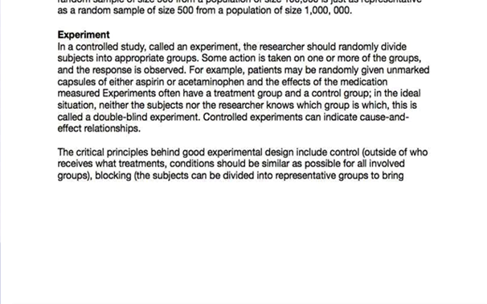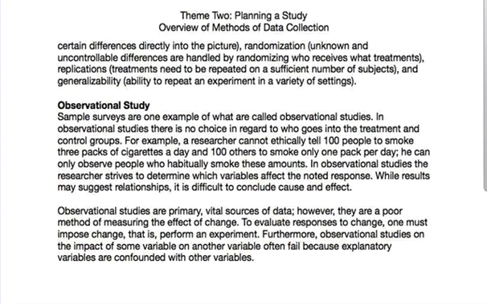The critical principles behind good experimental design include control. Outside of who receives the treatments, conditions should be as similar as possible for all involved groups. Blocking: the subjects can be divided into representative groups to bring certain differences directly into the picture. There also should be randomization, so unknown and uncontrollable differences are handled by randomizing who receives what treatments.